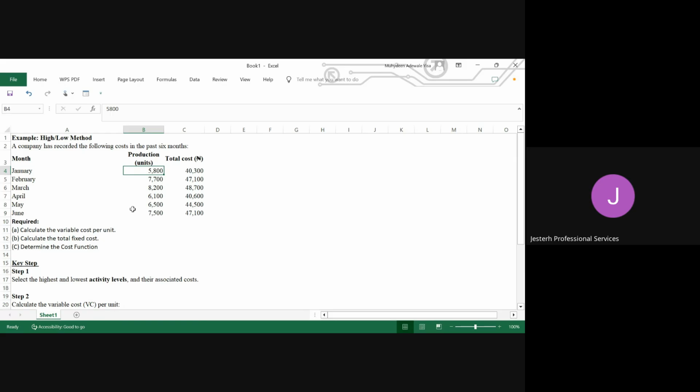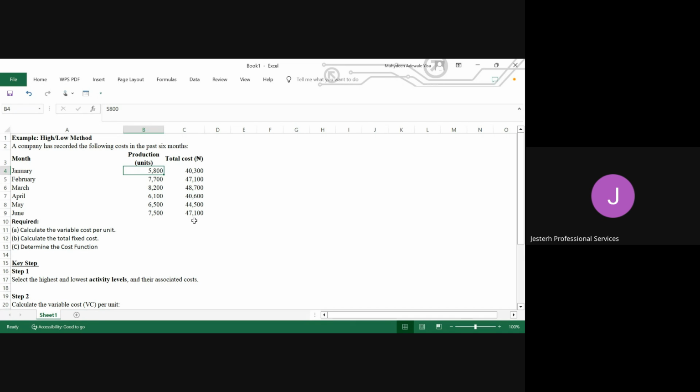In May, they have 6,500 units with the associated cost of 44,500. In June, they produced 7,500 units with the associated cost of 47,100.